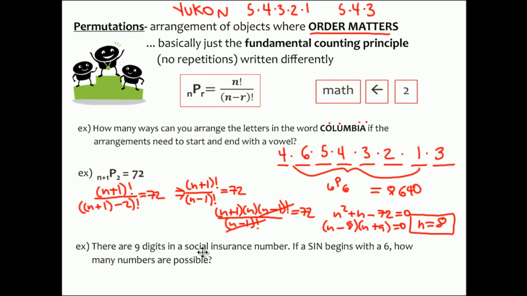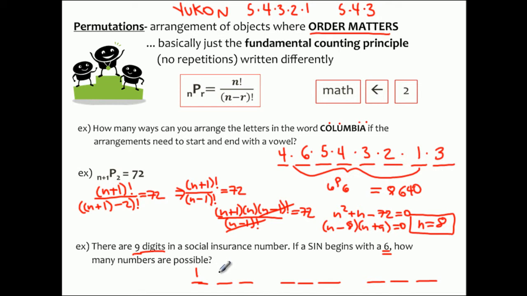Here's another example. There are 9 digits in a social insurance number. If a SIN begins with a 6, how many numbers are possible? So there are 9 digits total. Just use the fundamental counting principle. If it starts with a 6, there's only one decision that we can make for the first one, and this has to be a 6.